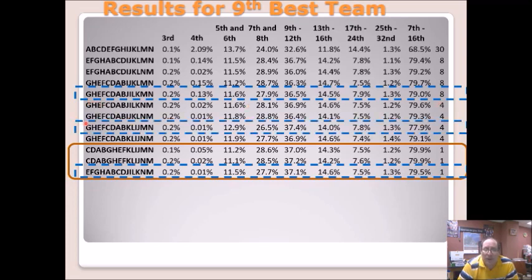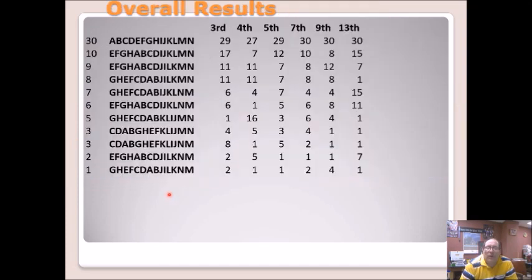And here's, no, wait a minute, JILKNM. This is the one. This is the one that was best for the 4th position, and that was the one for the 3rd position. So you can see they come in pretty much the same in this regard. So there's not a big difference between them. Again, the best one is this EFGH ABCD that we've been seeing, and these other 2 are coming a little bit lower, but not the same.